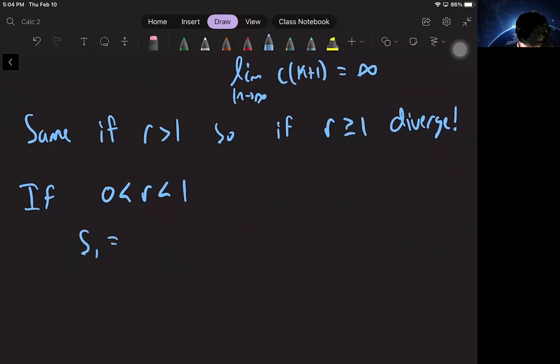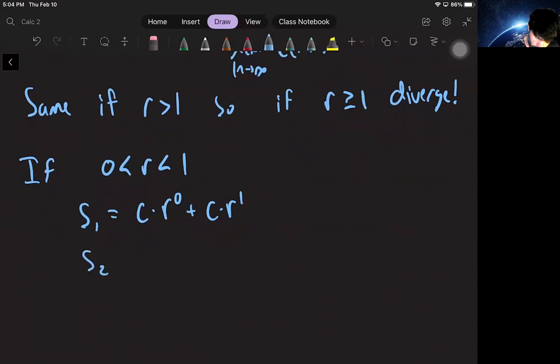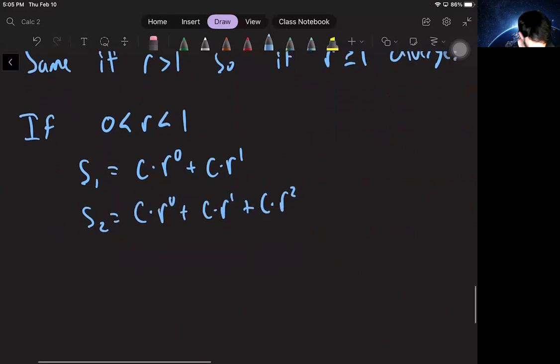So S1 would be c times r to the 0 plus c times r to the 1. S2 would be c times r to the 0 plus c times r to the 1 plus c times r squared, and so on like that.